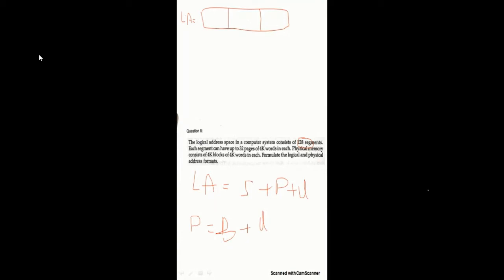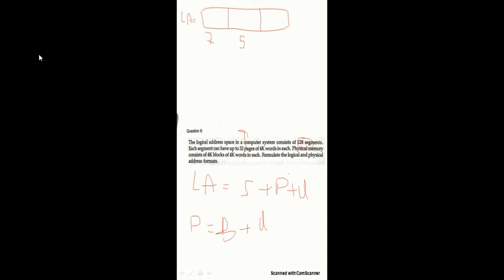Yes, I can write. So it means here I can have 7 bits for segment number. And he has given that each segment can have up to 32 pages. Can I write 32 pages as 2 to the power of 5? Yes. So page number will take 5 bits here.